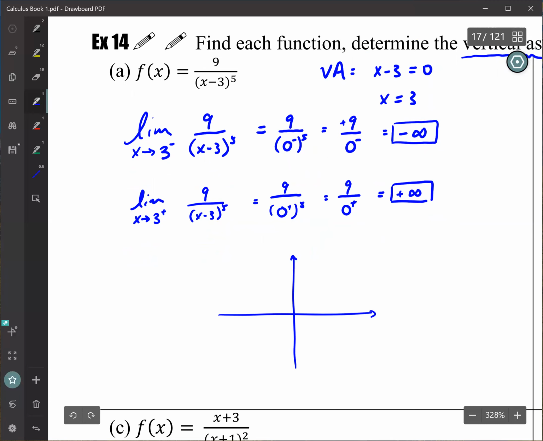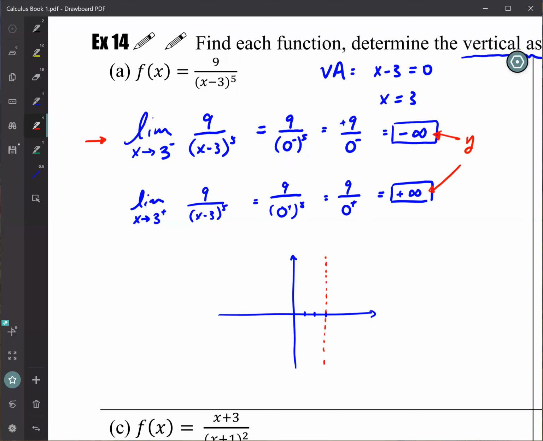We know the vertical asymptote is at 3. So I'm going to mark 3 here and then draw a vertical line. So the first limit up there is saying we want to draw the graph coming from the left side of 3. And the result is going to be negative infinity. The results here, they're all talking about the y values. These are the y values of the graph, right?